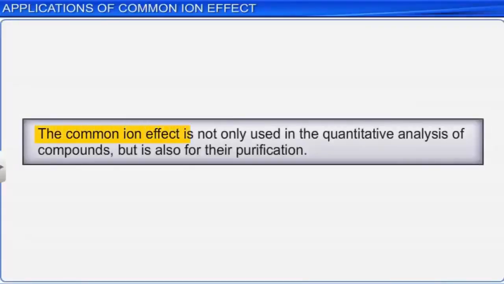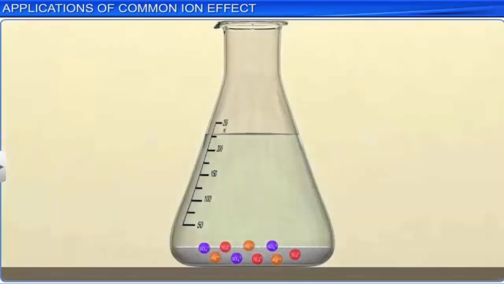The common ion effect is not only used in the quantitative analysis of compounds, but is also for their purification. For example, sodium chloride, along with impurities such as sodium sulfate and magnesium sulfate, is purified by applying this principle.